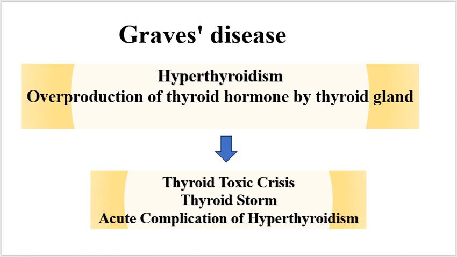In it, the immune system makes very specific antibodies that stick on the thyroid and lead to release of too much thyroid hormone, which affects different parts of the body.